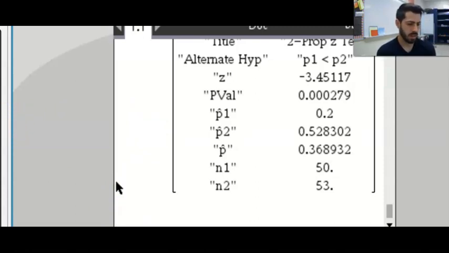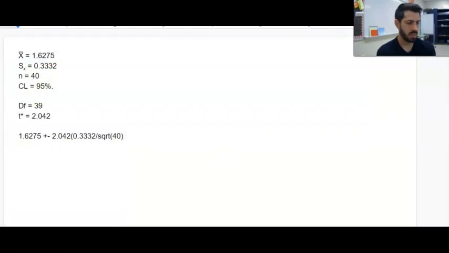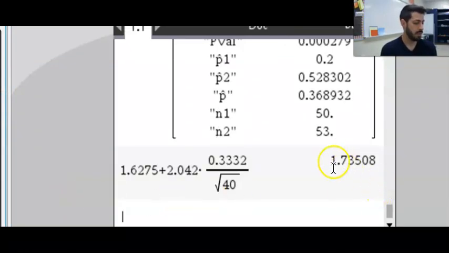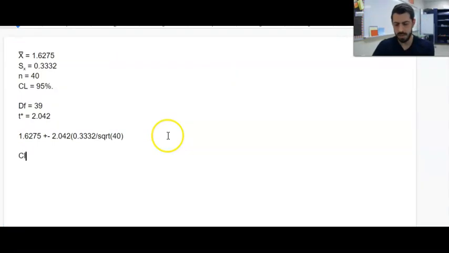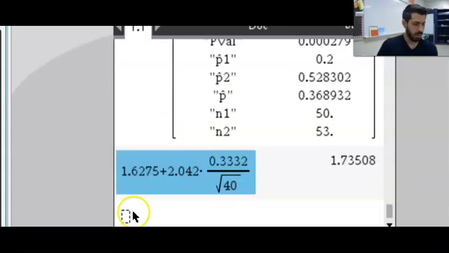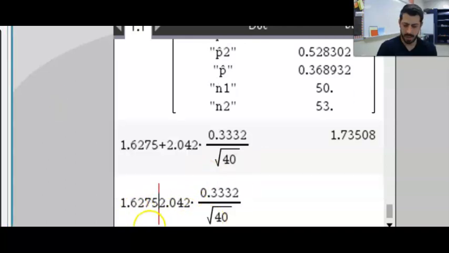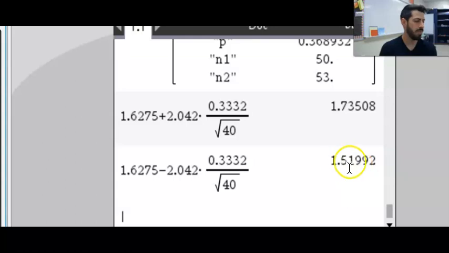So like I was saying, 1.6275. First we're going to do plus, so we'll get the upper bound first. Okay, so there's the upper bound, 1.735. And for the lower bound, I'm typing the same thing, but with a minus sign. There's the lower bound, 1.52.